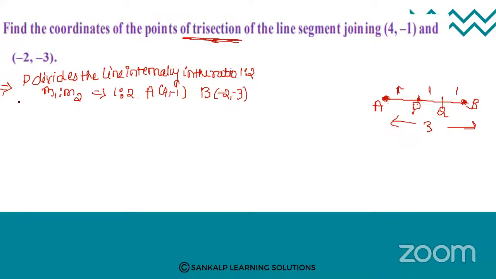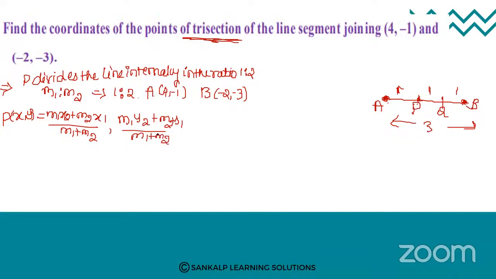Now by using the section formula, we can find the coordinates of P(x, y) is equal to (M1 x2 plus M2 x1) divided by (M1 plus M2), and (M1 y2 plus M2 y1) divided by (M1 plus M2). This is our formula, right? Now M1 value is 1 here.